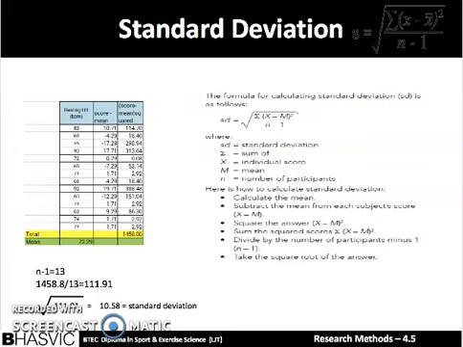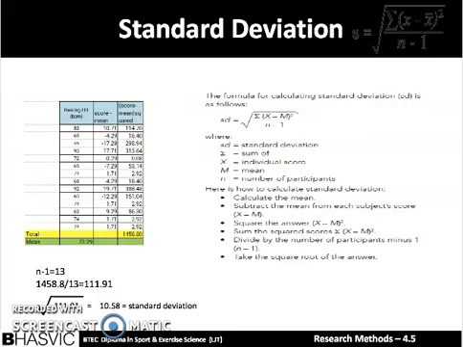So if we refer back to the equation then, we've achieved both the sum of x minus the mean squared, as we have now the total of the score minus the mean squared, which we said was 1458.80, and we also have n minus 1, which we previously calculated as 13.